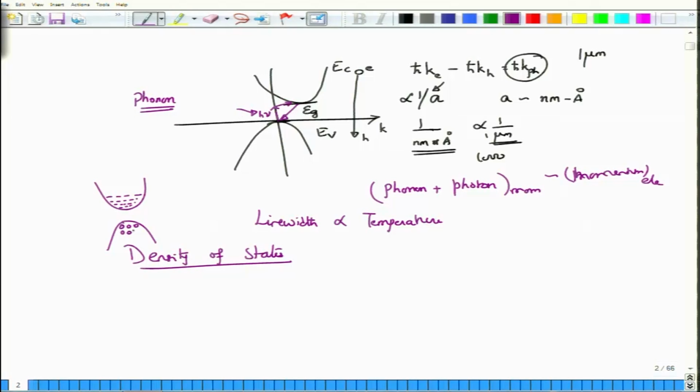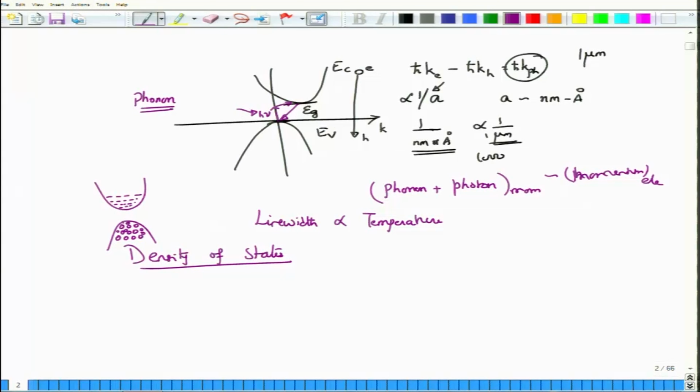Not actually that estimate by itself, but what we actually estimate is the number of allowed states in the conduction band and the number of allowed states for the holes in the valence band. Not that it will always be occupied, but at a given temperature, what is the density of energy states that can in principle be occupied by the electrons and in principle occupied by the holes in the valence band.